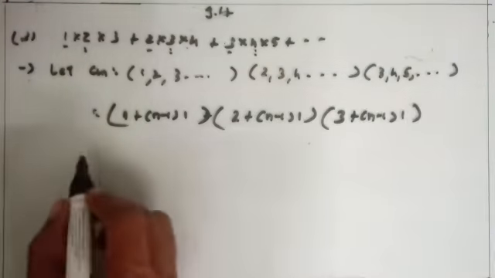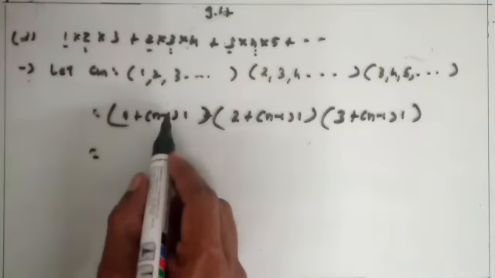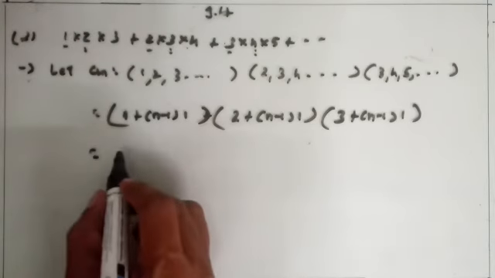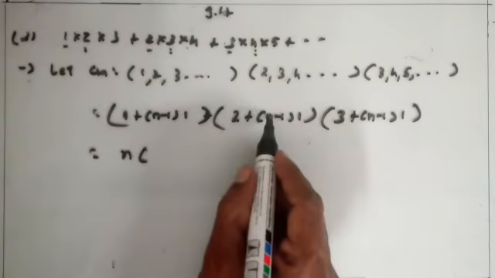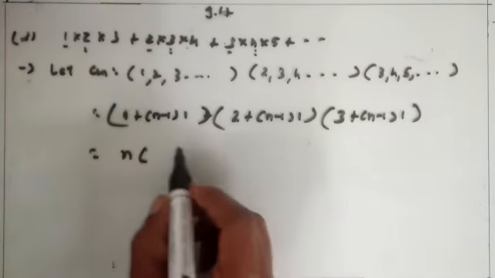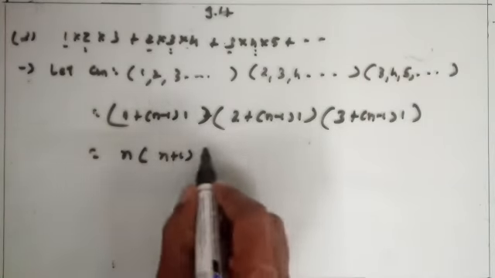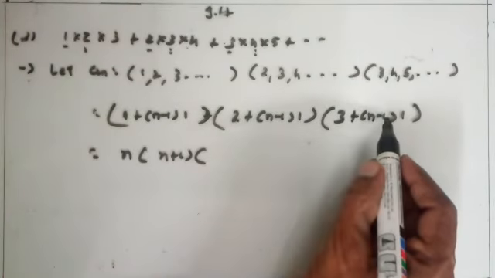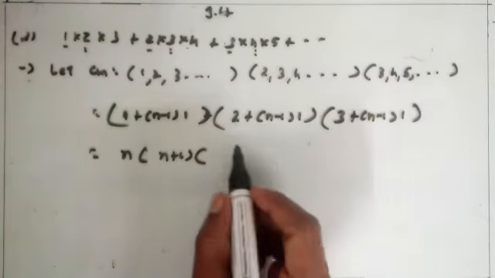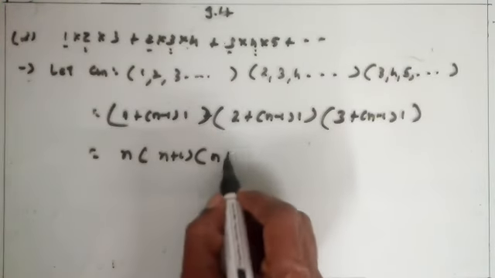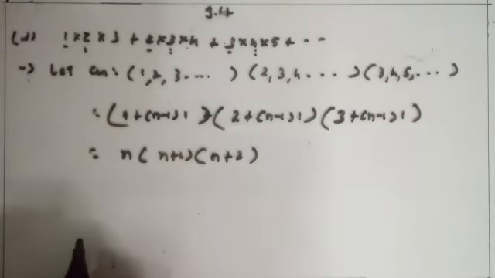Clear? So now minus 1 plus 1 cancel, we get n. Here n minus 1 plus 2 becomes n plus 1. Here n minus 1 plus 3 becomes n plus 2. Clear? So n, n plus 1, n plus 2. Okay, this becomes the nth term of this summation.